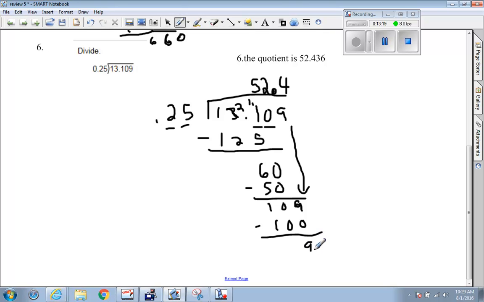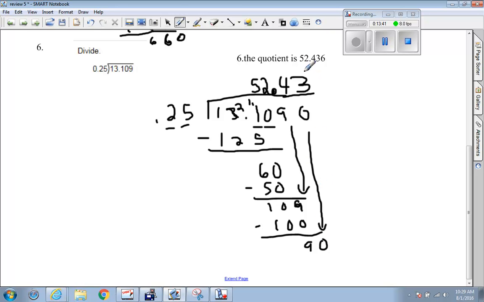Now you say, what do I do? Well, remember, you can keep bringing down those trailing zeros one by one until you get a terminating or repeating decimal. So does 25 go into 90? Yeah, about 3 times. And you know it doesn't go in 4 times. 25 times 4 is 100, so you've surpassed it.